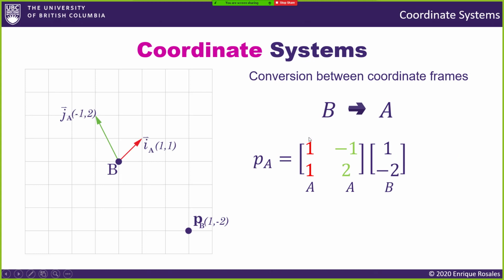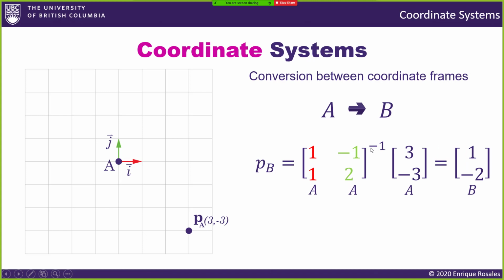Remember, the columns of this matrix are the column vectors I and J with their coordinates with respect to A. As you can see, when I am converting from B to A, I have this matrix, and the matrix is not changing. The same column vectors are in the matrix. The only difference is that in this case, you apply the inverse of this matrix.